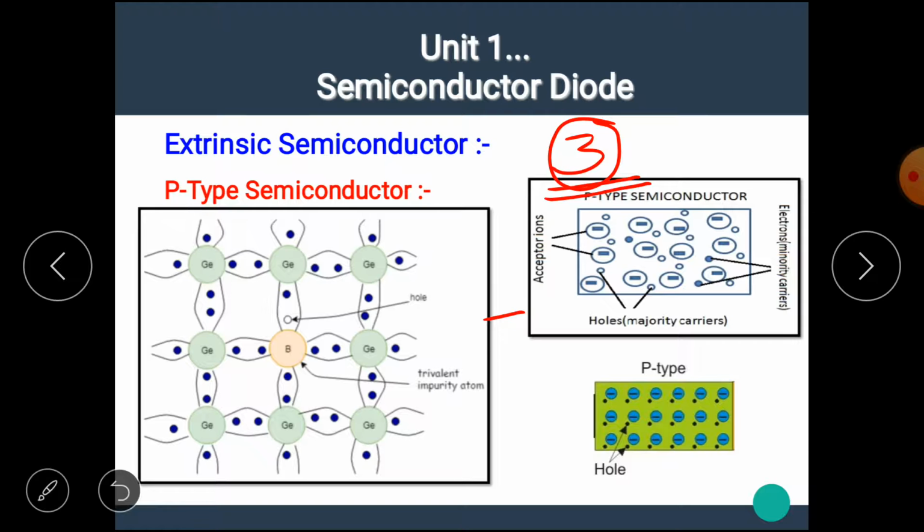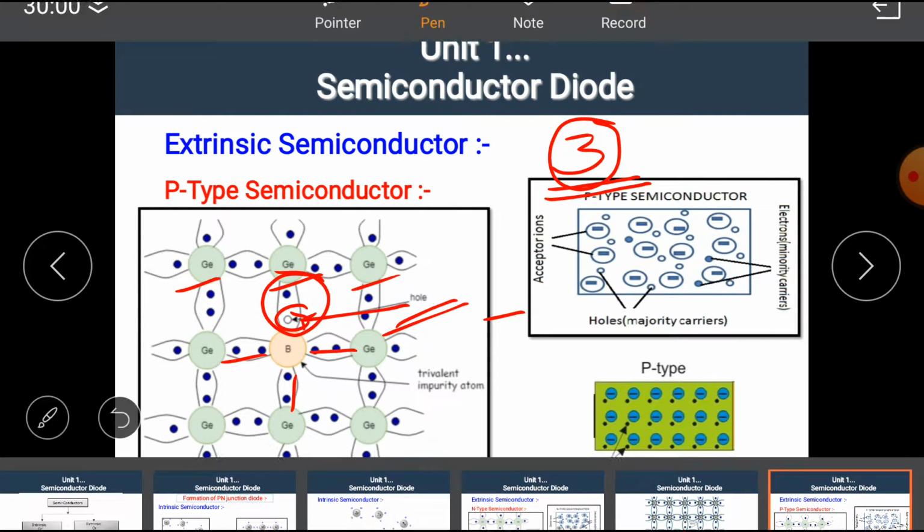When these trivalent impurities are added into the pure germanium or silicon crystal, then 3 covalent bonds are created, but in one covalent bond a hole is present, and this hole constitutes the current. That means in p-type semiconductor materials, holes are the majority charge carriers while the electrons are the minority charge carriers.